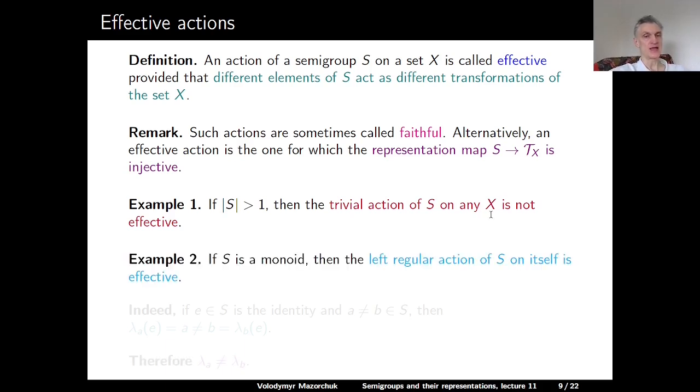Example 2. If S is a monoid, then the left regular action of S on itself is effective.